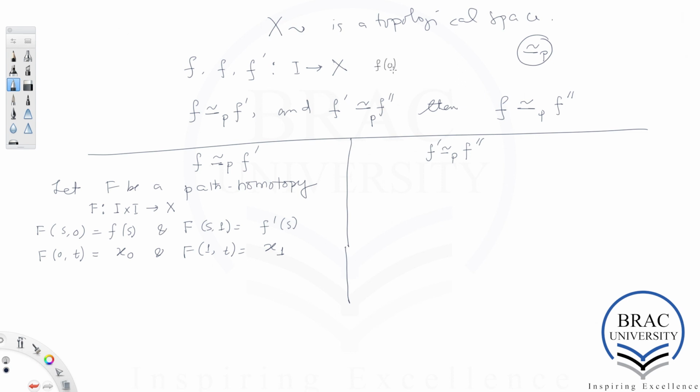We want f of 0 to be the same as f prime of 0 to be the same as f double prime of 0, which is equal to x0, the initial point.